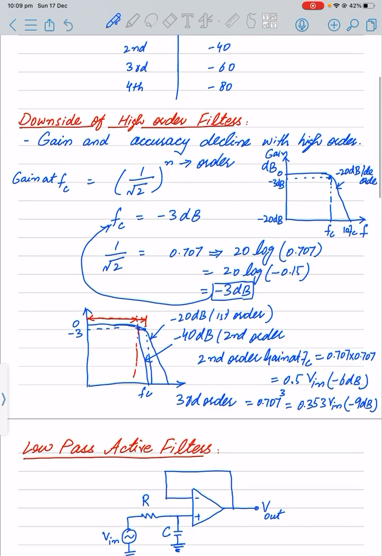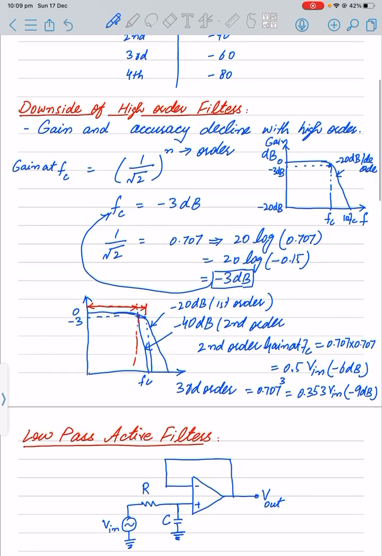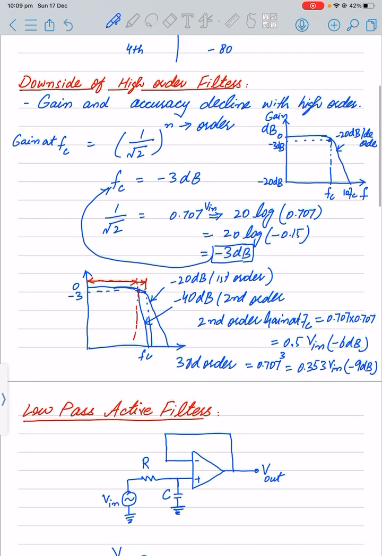So we said that the corner frequency for the first order filter is achieved when our gain gets reduced by negative 3 dB, that is equal to 0.707 of the input voltage, and that point is called the corner frequency.